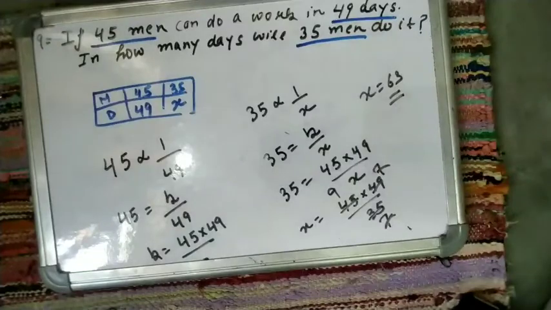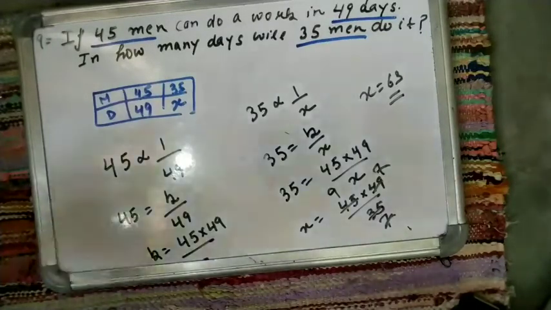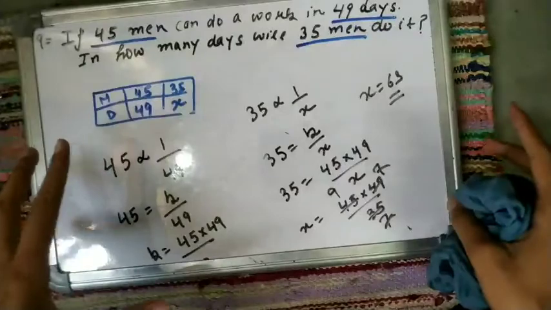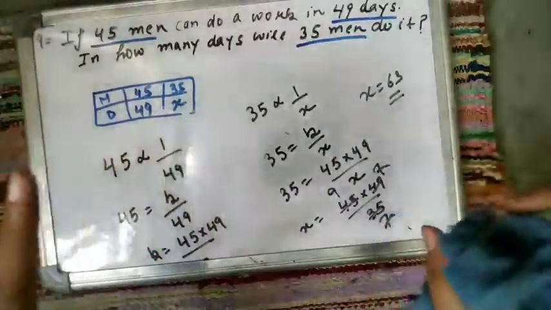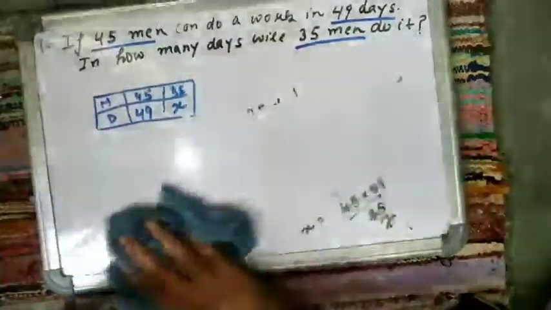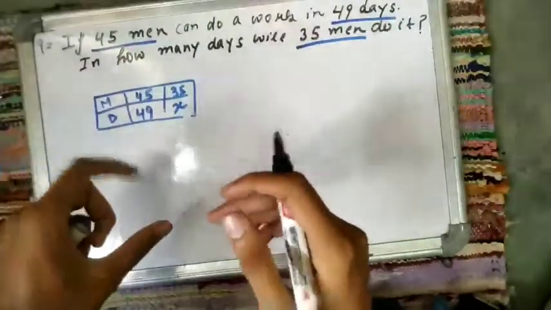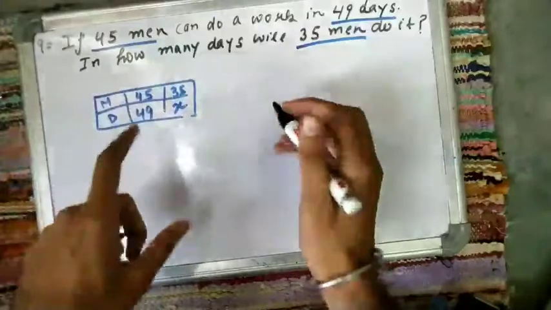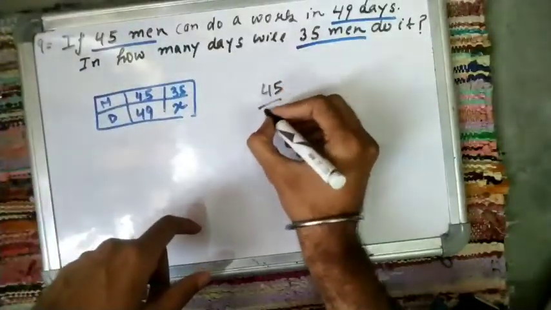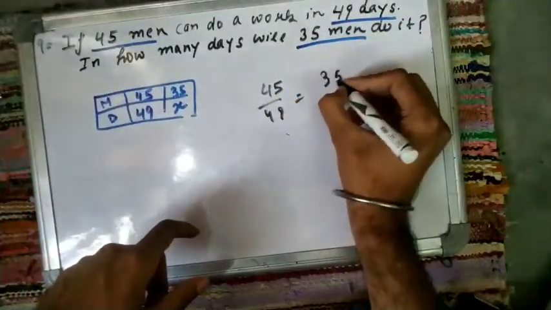63 days. There is a shortcut way also. This is the real method, and you have to follow this method in exam time also, but you can solve by one more method. In the direct way we do this: 45 by 49 is equal to 35 by x.